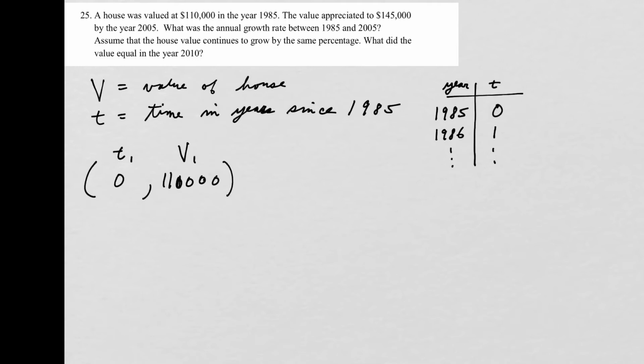When T is 20, and why am I using 20? Because I know another piece of information. I know that by the year 2005, and if you do 2005 minus 1985, that'll give you the 20, the value of the house is 145,000.